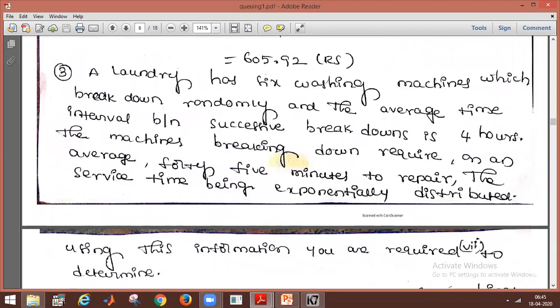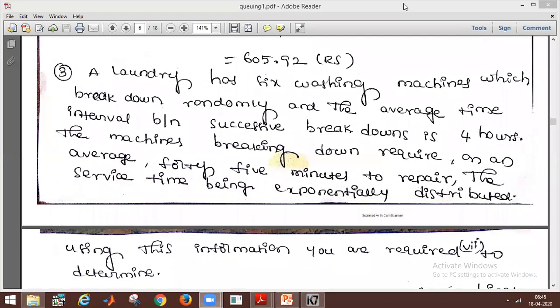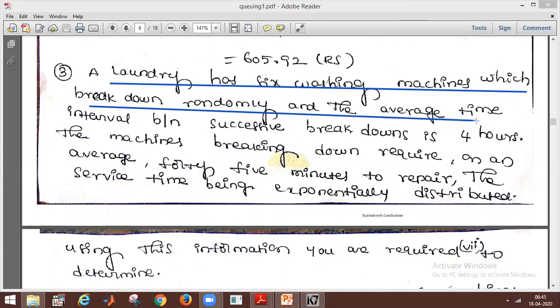So next problem, we have to see the next problem. In the same previous first type of problem, a laundry has 6 washing machines, given as a finite value. The machines break down randomly and the average time interval between successive breakdowns is 4 hours.